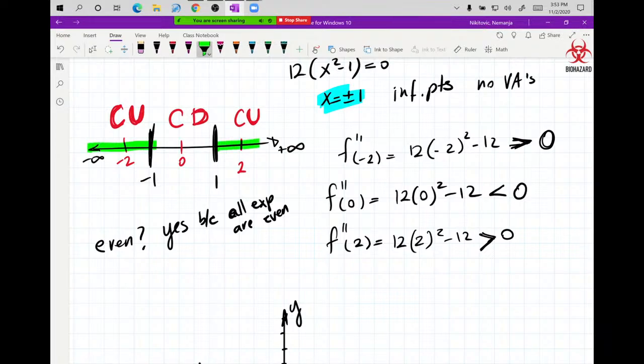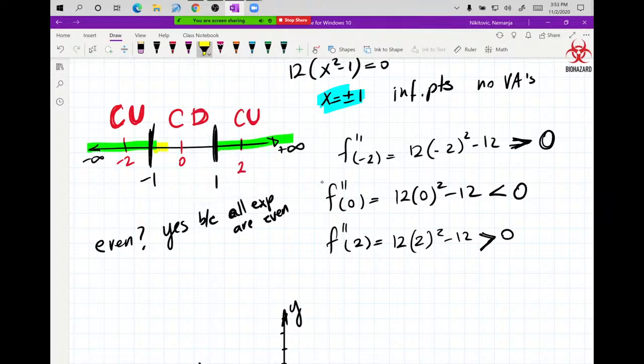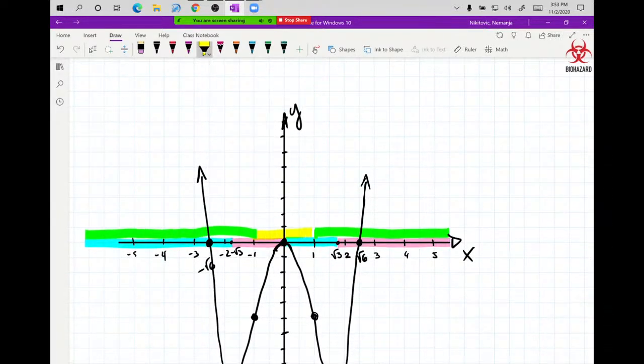Concave up, concave up. In between, marked in yellow, is going to be the concave down part, and that's that flipped U shape. So your intervals are x values.